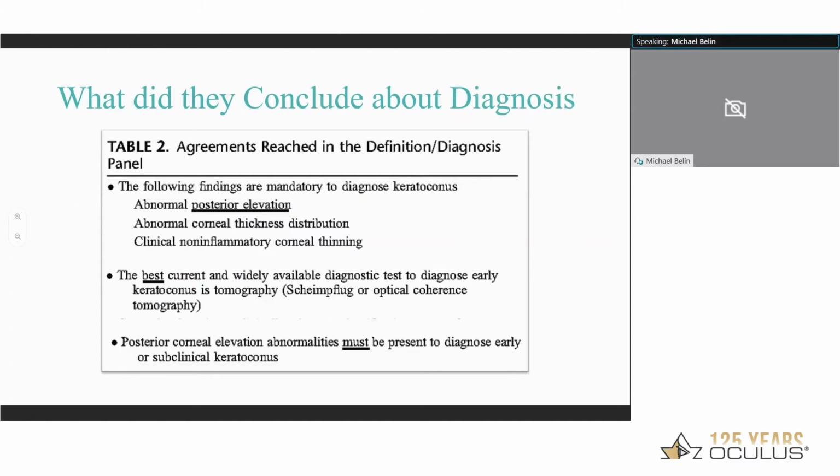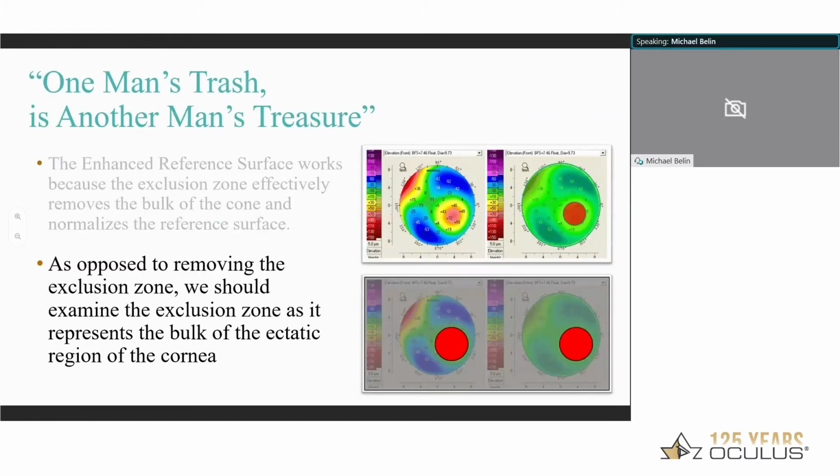They also acknowledged that the best and widely available diagnostic test was tomography, be it either Scheimpflug or optical coherence tomography. And they went further to say that posterior corneal elevation abnormalities must be present to diagnose early or subclinical disease. Most of you are familiar with the Belin Ambrósio enhanced Ectasia display, or the BAD display as it's commonly called.